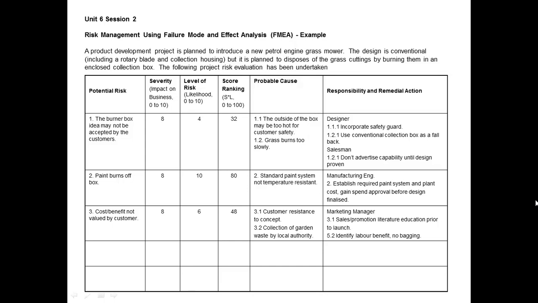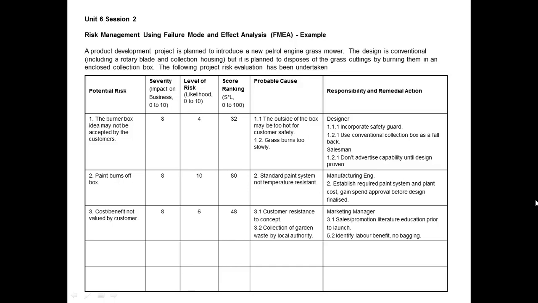The other thing that we could do here is to use a conventional collection box as a fallback. That is, that we could design this new mower with two options.